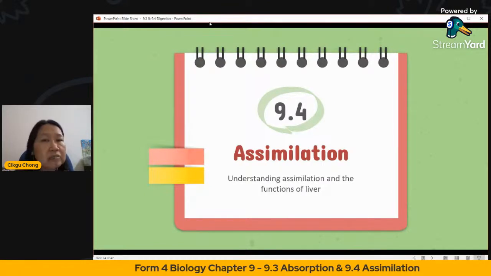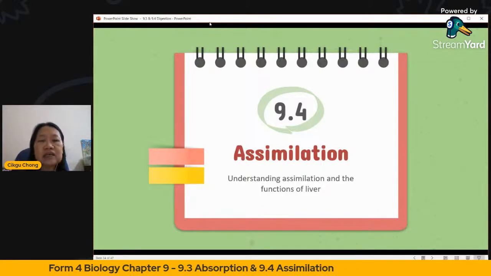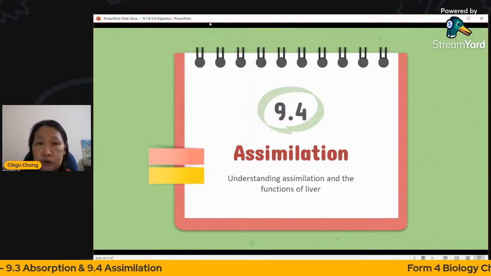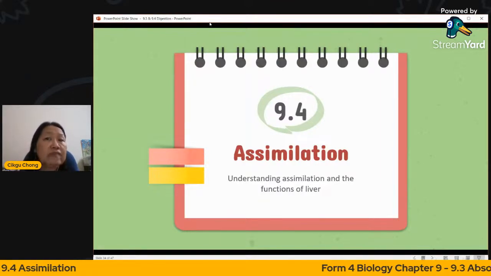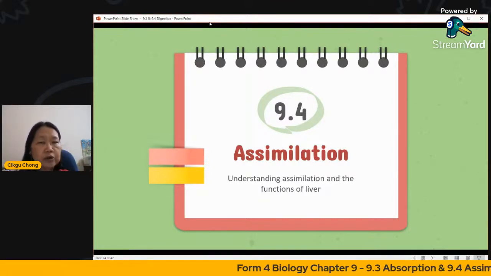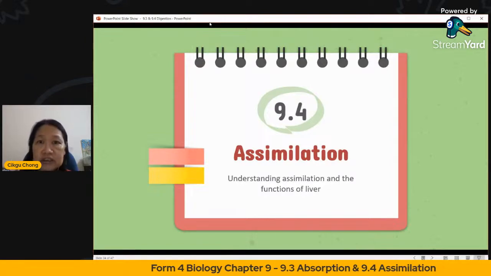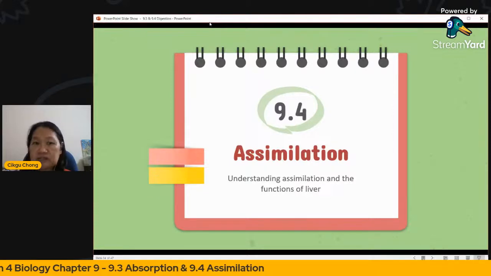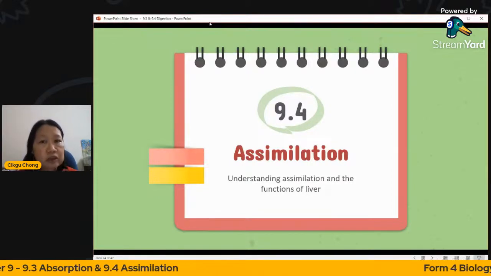Not many people understand the meaning of assimilation. Assimilation means how your body is going to make use of the nutrients that you have absorbed. Are you going to use it to produce energy? For example, glucose will be oxidized to produce energy. That is assimilation. You are making use of it.